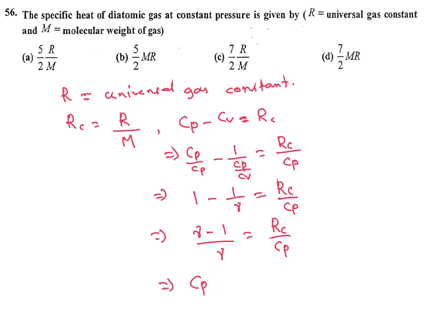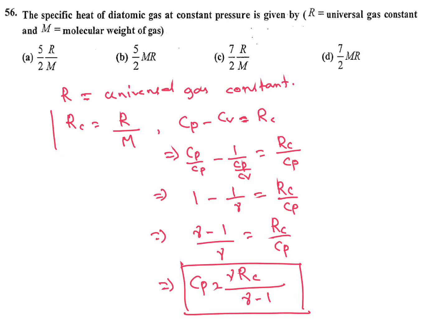Then Cp equal to gamma into characteristic gas constant divided by gamma minus 1. This is equation 1 and this is equation 2.